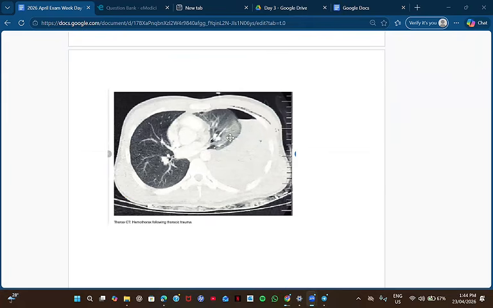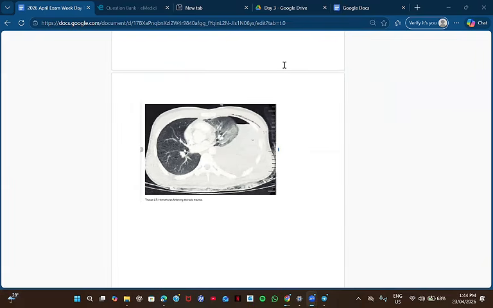This is the CT image. So tell me where is the hemothorax? I'm marking A, B, C. Where is the hemothorax? Yes, A. So what is B, doctors? Yes, this is a small pneumothorax as well.